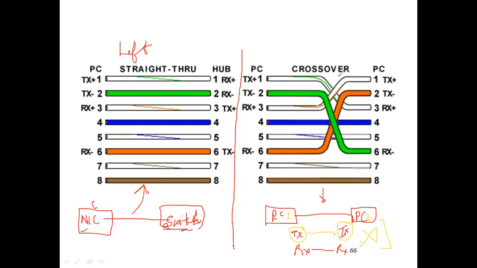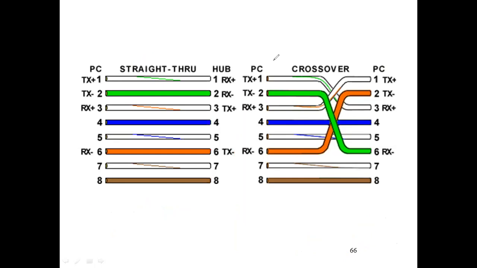So how will it be done? For that, you can see over here, this will be acting as a TX, right? And on the other side, this is one sender. Just consider this thing, and this is the receiver, right? So this is the TX, cable number 1 and 2, that is white-green and green, right?